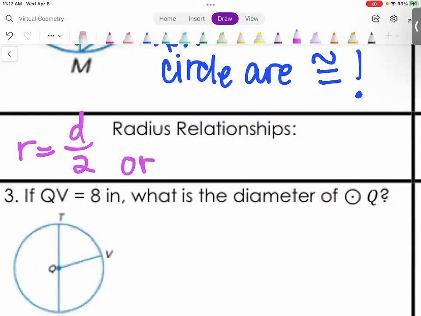So now we're going to add to that the fact that our radius is also equal to the circumference of a circle divided by 2 pi. So we can use those 2 pieces of information to find out what our radius length is, again, depending on which one they give me.